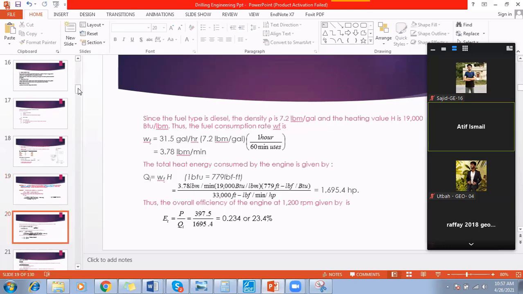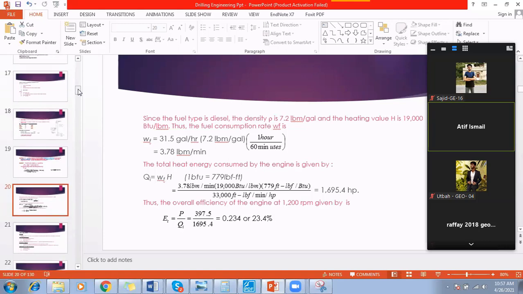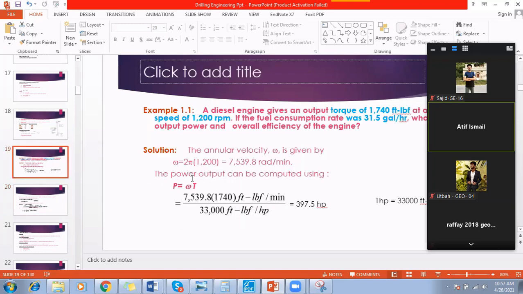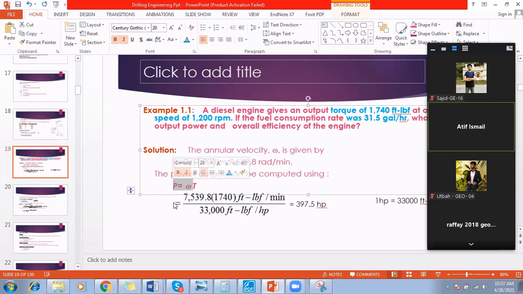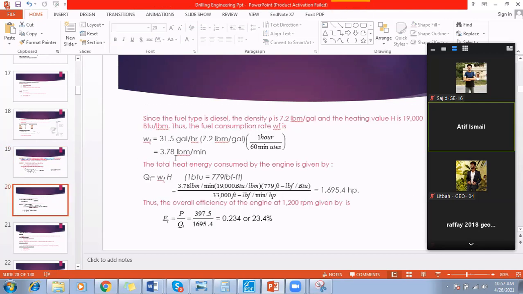Now we need to calculate the efficiency, and for that you need to calculate the input power and output power. You have already calculated the output power. If you have the input power, then you can simply take the ratio, and as a result you will have the efficiency of the drilling rate.